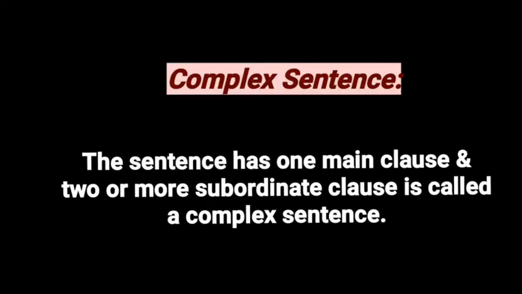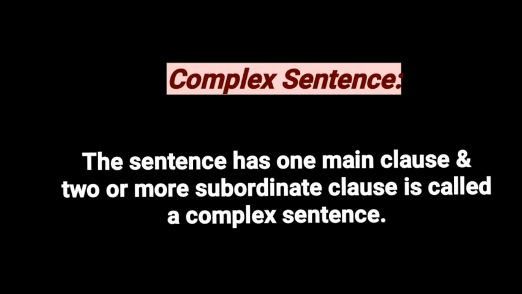Complex sentence. The sentence that has one main clause and one or more subordinate clauses is called a complex sentence. In a complex sentence there is one independent clause and one or more dependent clauses.